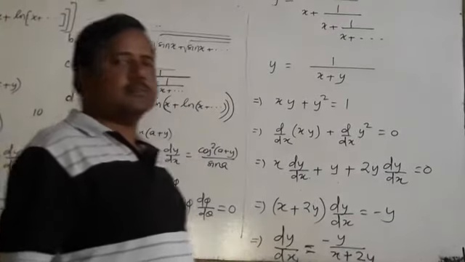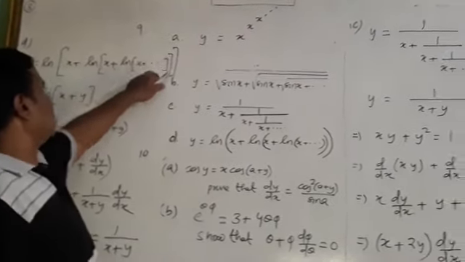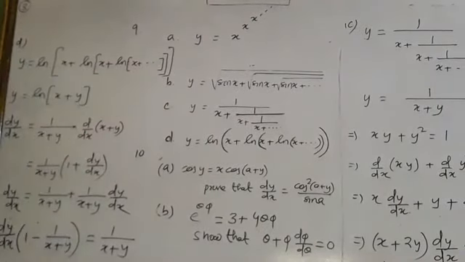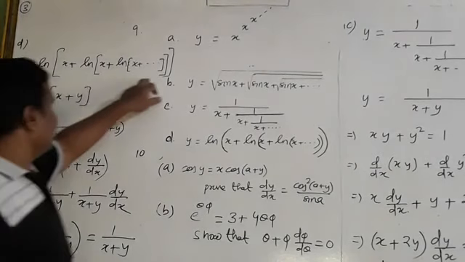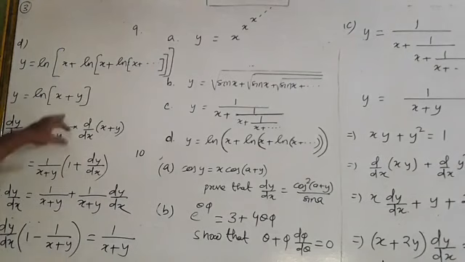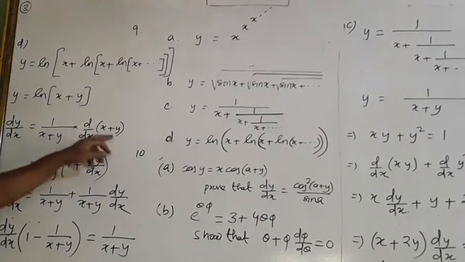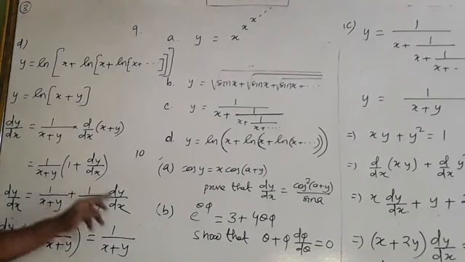So dy by dx is equal to minus y divided by x plus 2y. Now look at this problem: y is equal to ln x plus ln x plus ln x and so on. It becomes y is equal to ln of (x plus y), if I am taking this as y, because you know from the problem it is taking as y. Then ln (x plus y) derivative is 1 by (x plus y) into (1 plus dy by dx).